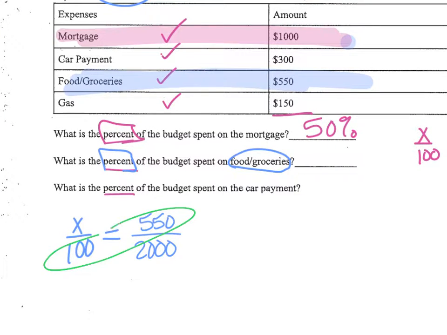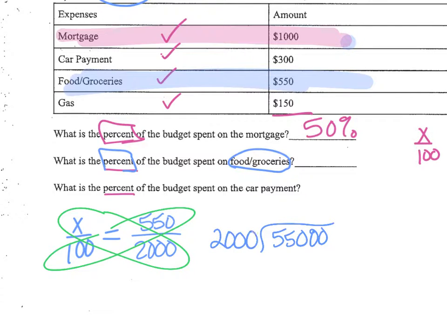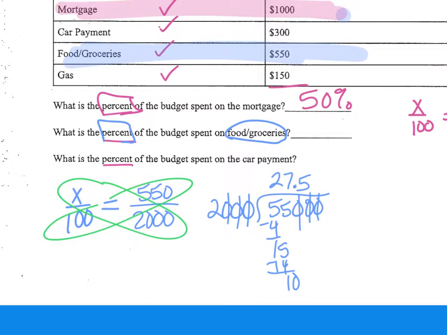So we want to cross multiply and divide. $550, or 55,000 once we multiply, divided by 2,000, gives 27.5%.